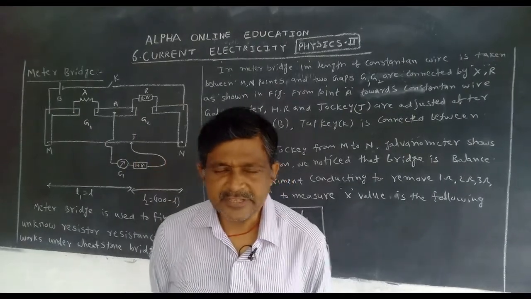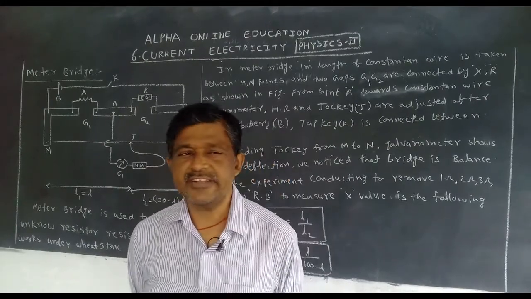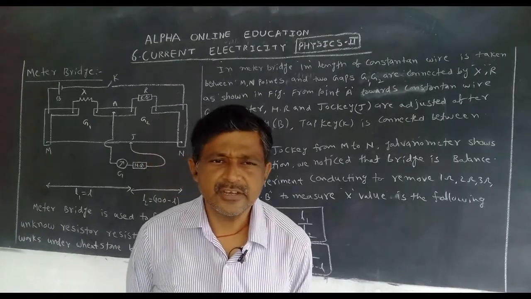By the combination of these two, we derived the Wheatstone bridge principle, that is P by Q is equal to R by S.